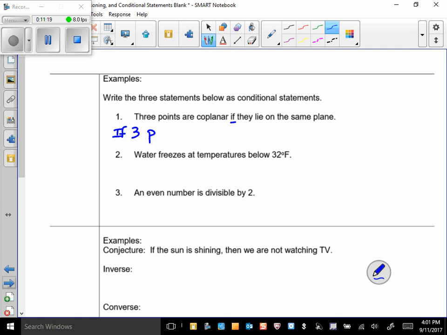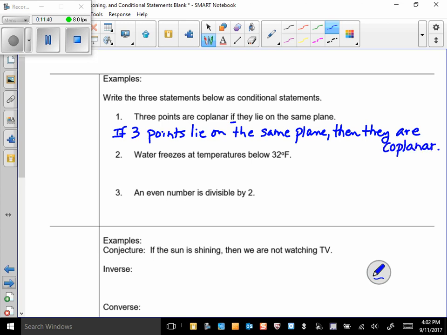If 3 points lie on the same plane, then they are coplanar. All right, so my hypothesis is 3 points lie on the same plane. The conclusion is they are coplanar.